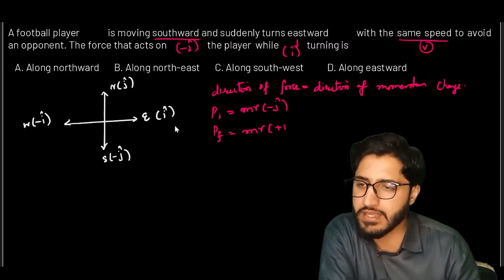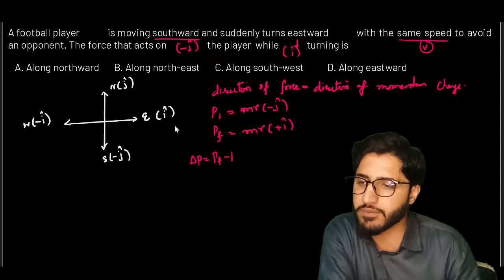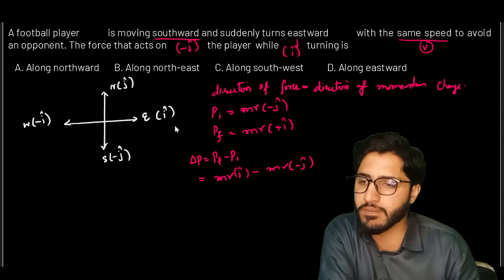MV plus I cap. So is delta P equal to P final minus P initial? Can I write it as MV I cap minus MV minus j cap? So I will write MV I cap plus MV j cap, that is MV (I plus j).